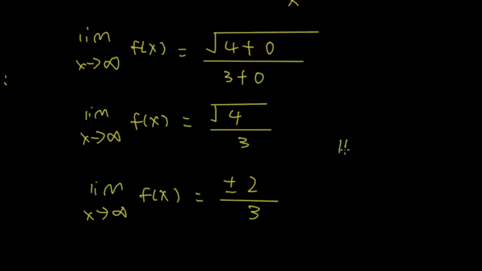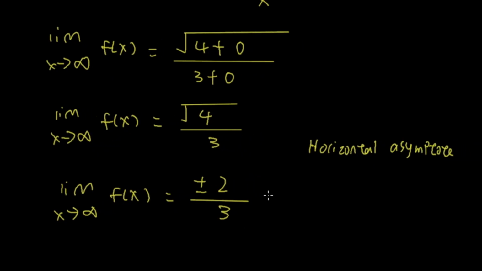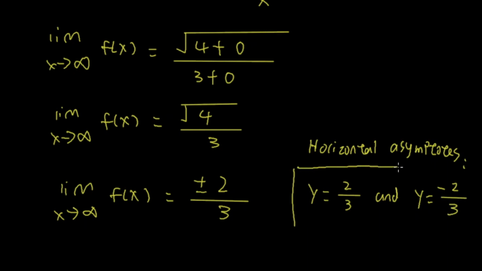That means the horizontal asymptote, now in this case, I would say horizontal asymptotes. There are two horizontal asymptotes because of these signs here: y equals positive 2 over 3 and y equals negative 2 over 3. Okay, that's the answer.